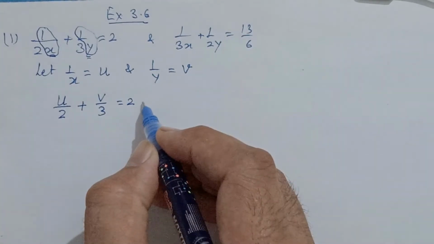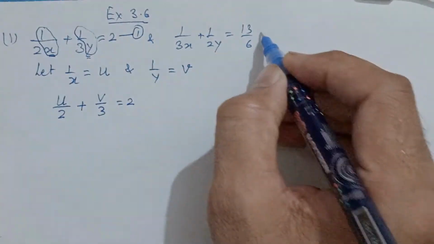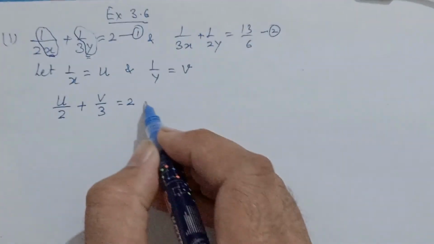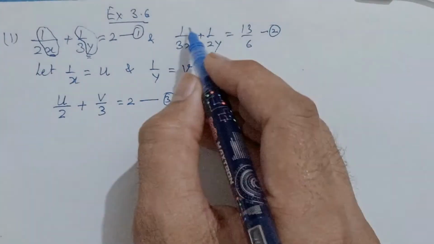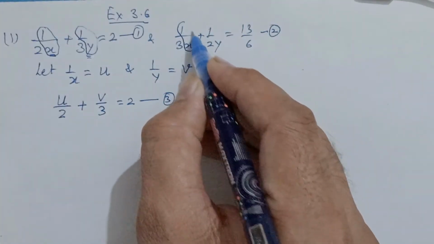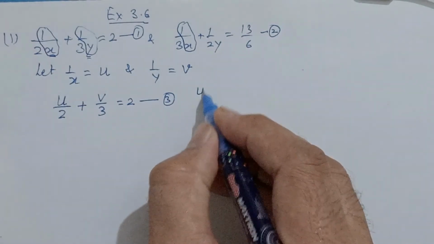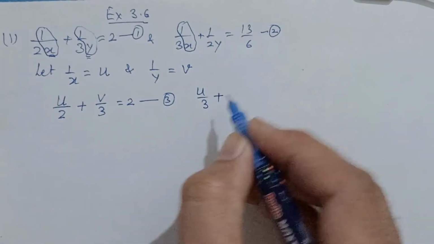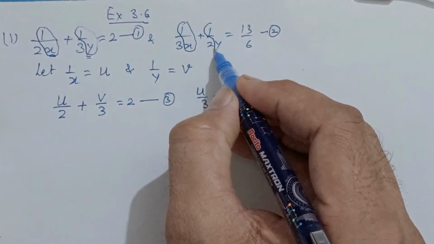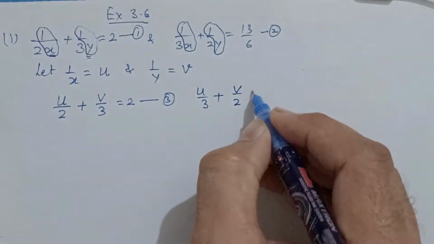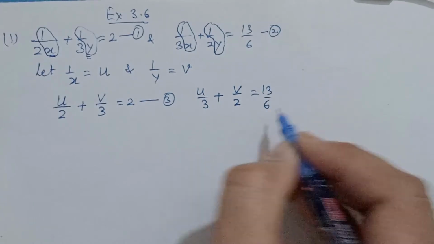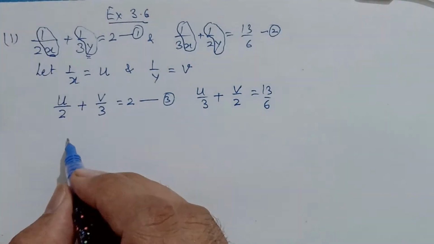This is the first equation, and this is the second equation. 1 upon x is equal to u, so it becomes u upon 3 plus 1 upon y is equal to v, so it becomes v upon 2 is equal to 13/6. Now take the LCM of the first equation.